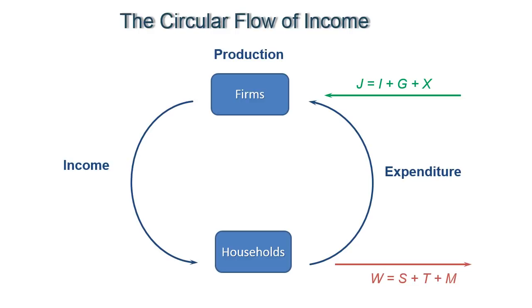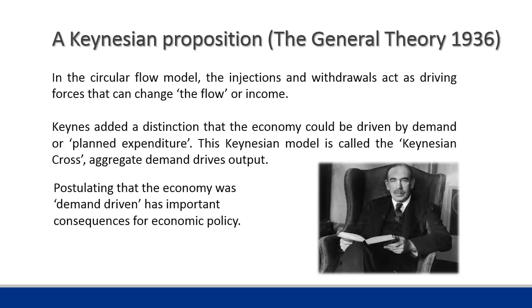But there is no way to show how demand in the economy can lead to changes in production, or national income. In a book called The General Theory of Employment, Interest and Money, written by John Maynard Keynes in 1936, Keynes proposed that unlike the circular flow model, where injections and withdrawals act as the driving forces, aggregate demand could also be thought of as a driver to changing output.